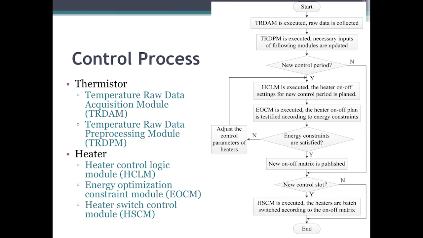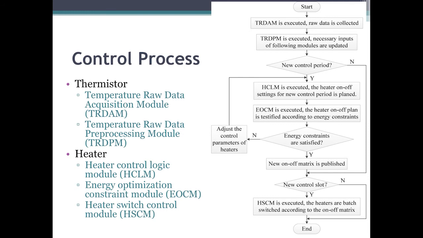And the EOCM takes the total power consumption of each time slot and the energy constraint as input, judges whether the power consumption can meet the energy consumption constraints or not, and outputs the switching choice.